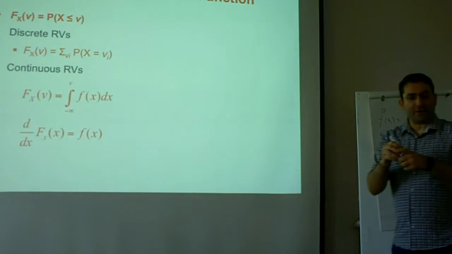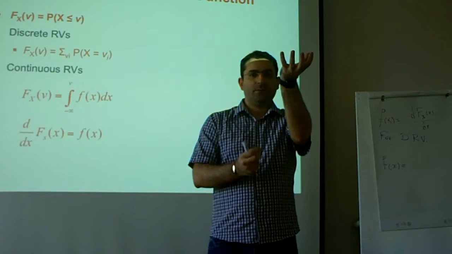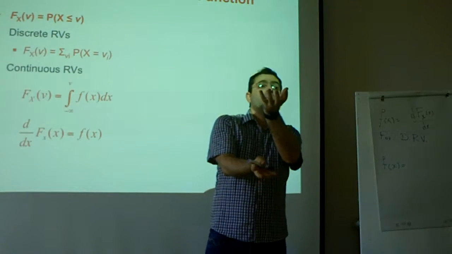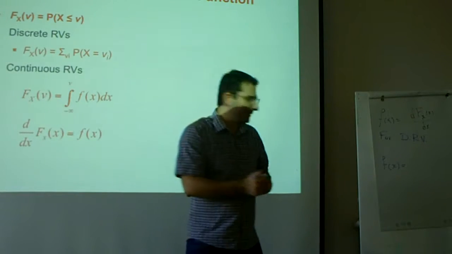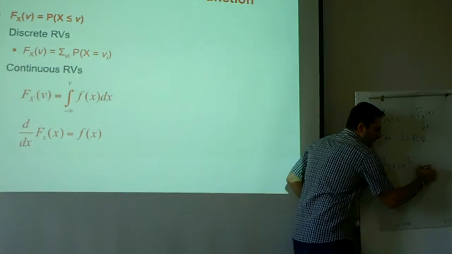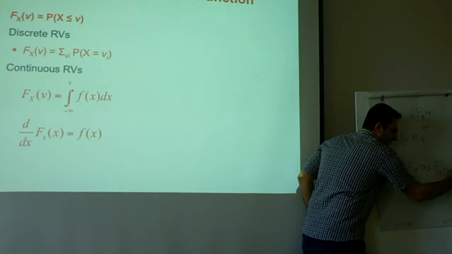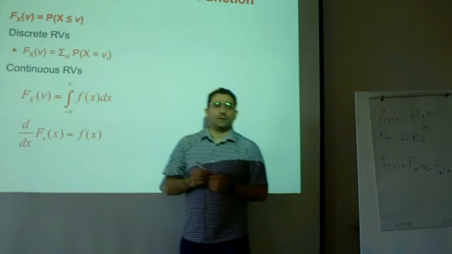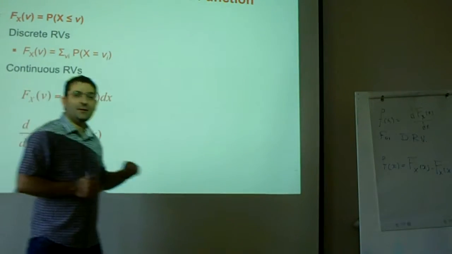The differentiation in continuous time, what is its equivalent in discrete time? Subtraction. Difference, yeah, subtraction, difference. So this will go into F(x) minus F(x minus 1). So the difference between these two will tell me what it is.